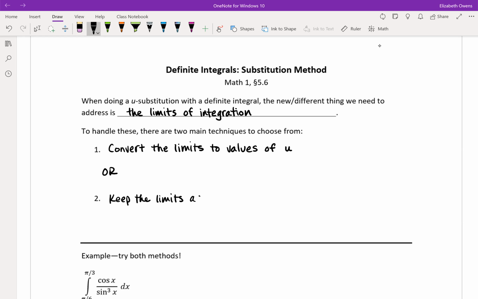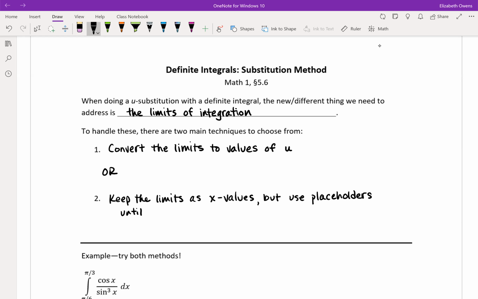We'll just say keep the limits as x values for right now, because usually it's x that we're working with. But whatever your original variable was, keep the limits in those terms. If you're going to do that, you need to use some sort of placeholder or just leave the limits off until the integral is back in terms of x.